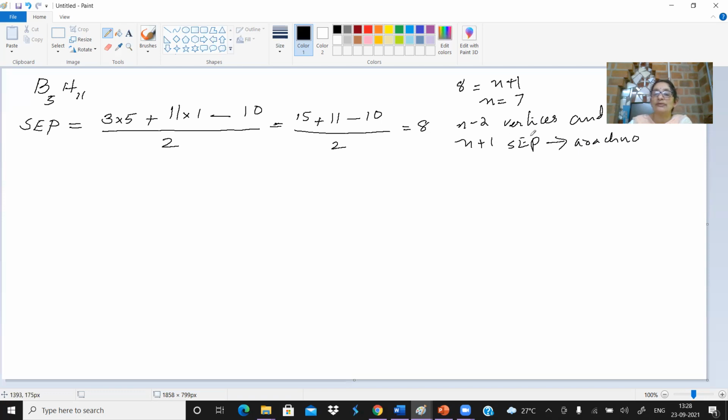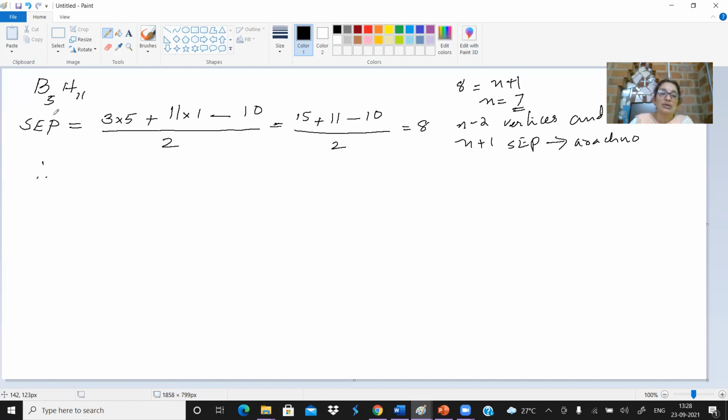And what would be the shape of the polyhedron? As I said, a polyhedron with 7 vertices is a pentagonal bipyramid, but actually this has only 5 vertices, or only the 5 boron atoms are there.